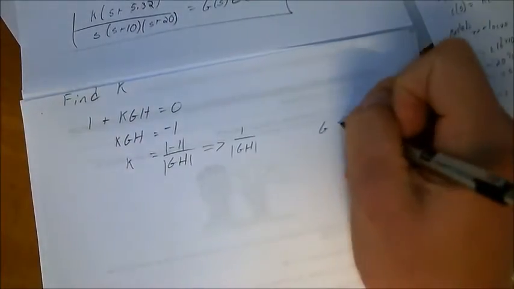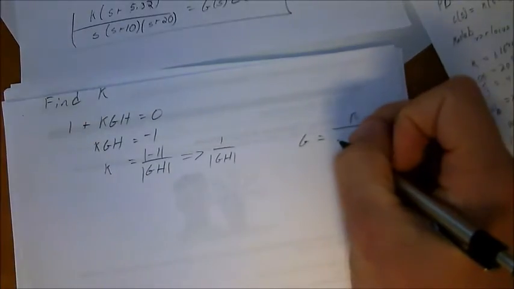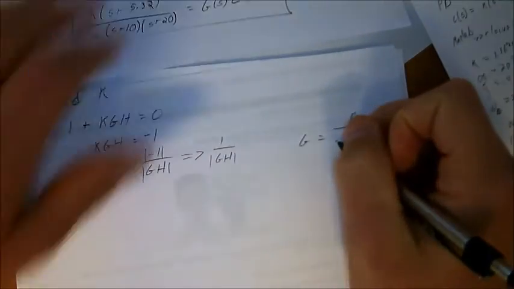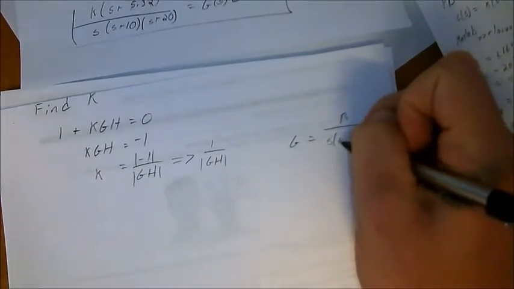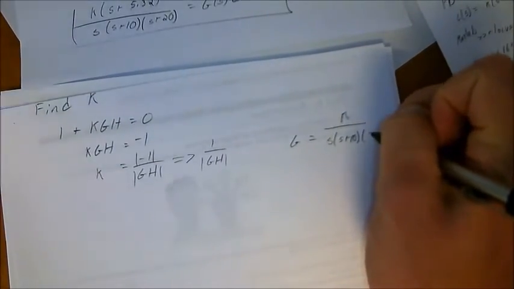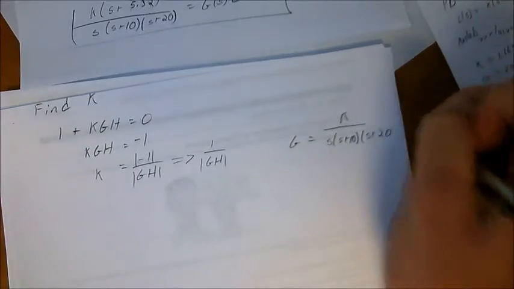Well, we know that G is equal to K over s plus 10 and s plus 20, just like that.